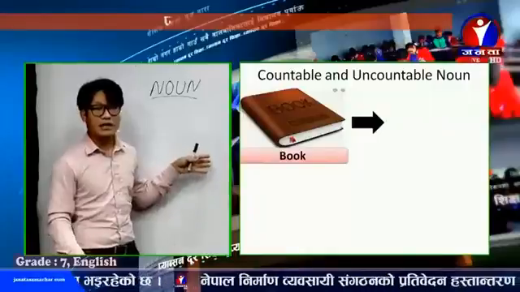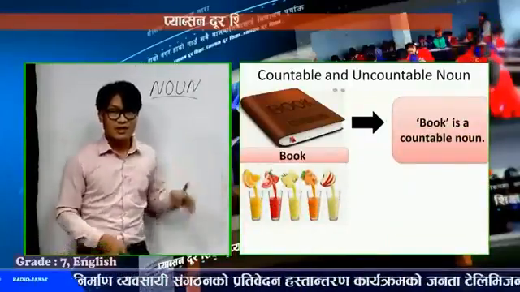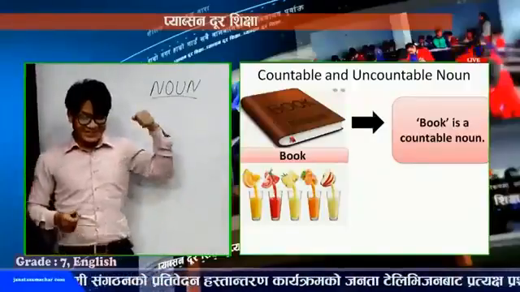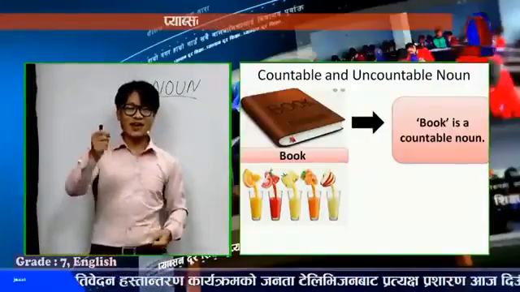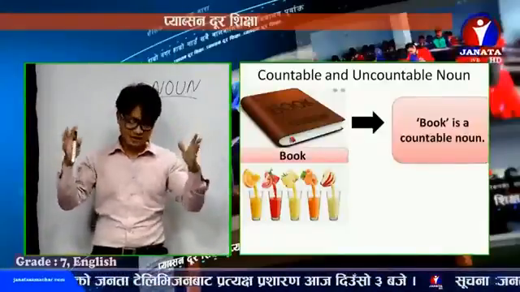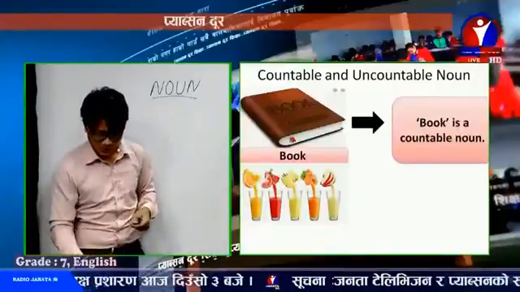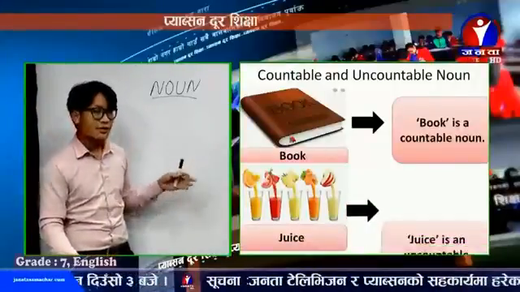Example also I had given you: book, juice. Okay, book is a countable noun because we can count the book. 2 books, 3 books, many books, several books. And juice is an uncountable noun because it cannot be counted.